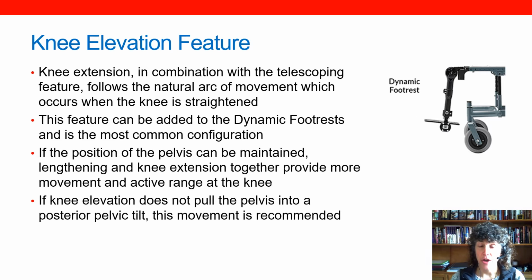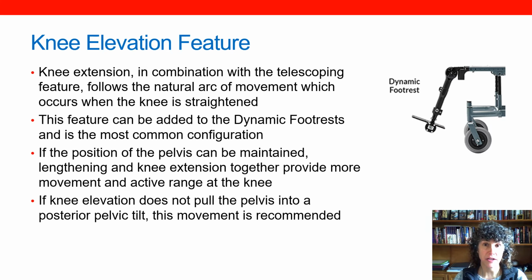Knee elevation is used in combination with this telescoping feature to follow the natural arc of the knee during extension. And if a client has the range to move into extension at all, this is the combination you really want to choose. Again, telescoping, which is standard, and then with the addition of knee elevation.